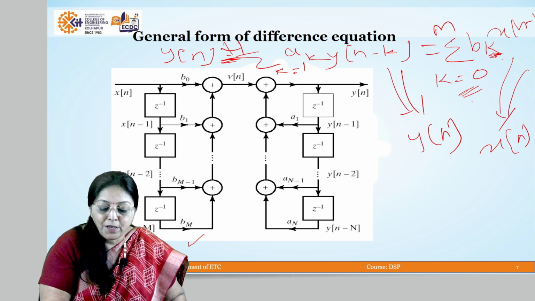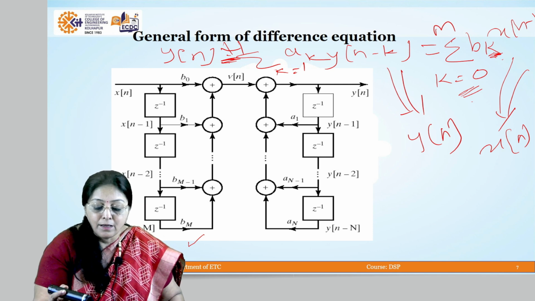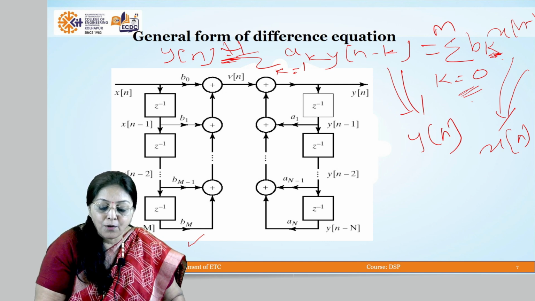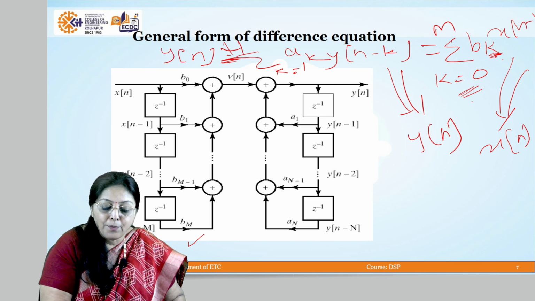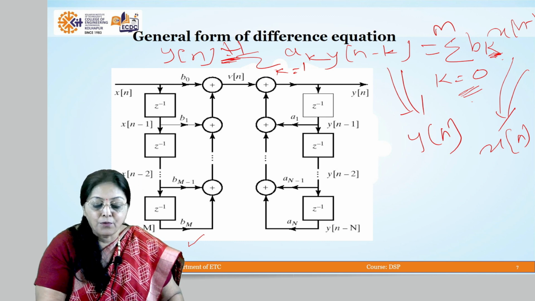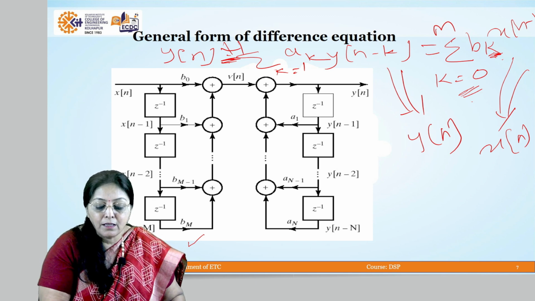What does a of k mean? k varies from 1 to capital N, so there is no a0 value in the equation. So a1, a2, a3 up to a of n are the multipliers required. Moving to the other side, y of n equals minus the sum, so it becomes plus here, and we take out a1, a2, a3.